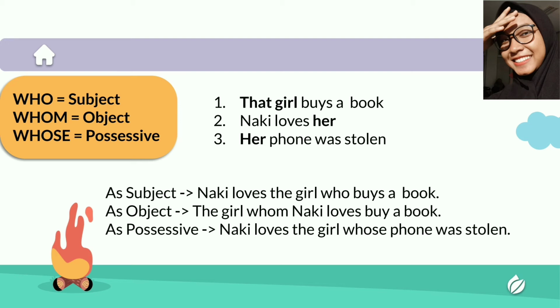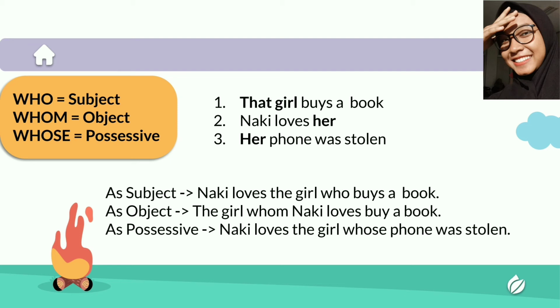The second one is as object. We can combine the first sentence and the second sentence, and then the second sentence as the object. That girl and her have the same position. So we can add additional information about who that girl is. That girl is whom Naki loves.